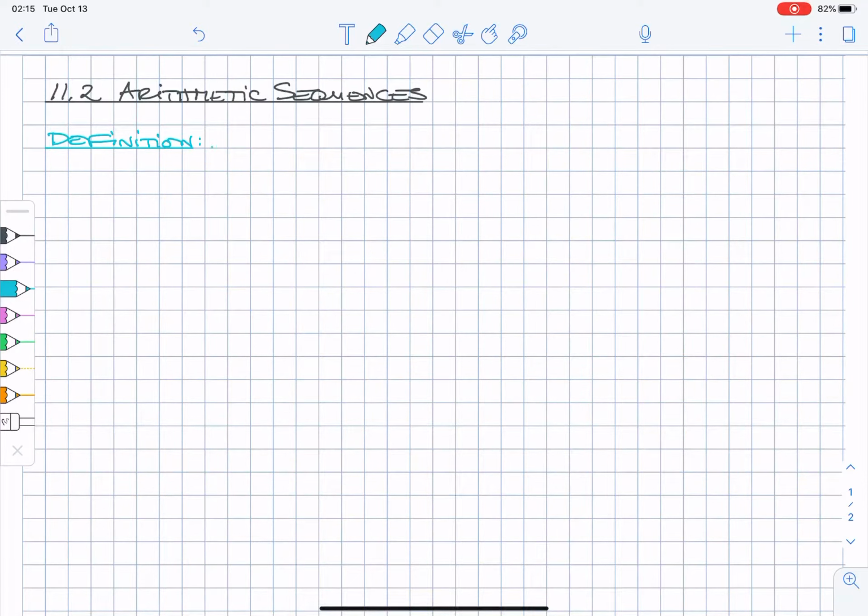Okay, so an arithmetic sequence, that's what we're defining. So an arithmetic sequence is a sequence, well, of course, that's redundant.